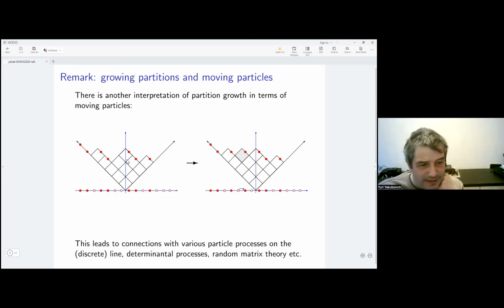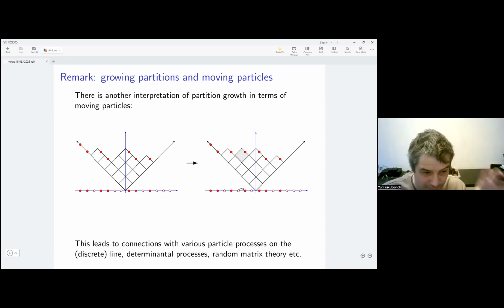Then if we add a box, in terms of these particles, it corresponds to one particle moving just to the right, and we can add a box just if the next position is empty. So it is a system of particles which move to the right. On each step, one particle moves, and it can move if the corresponding place is empty.